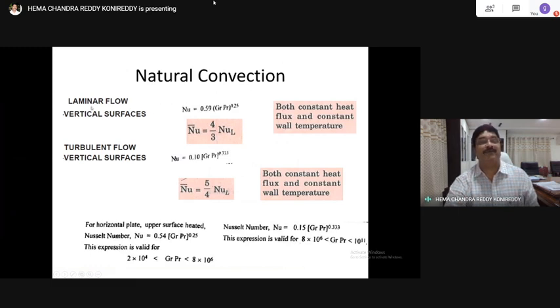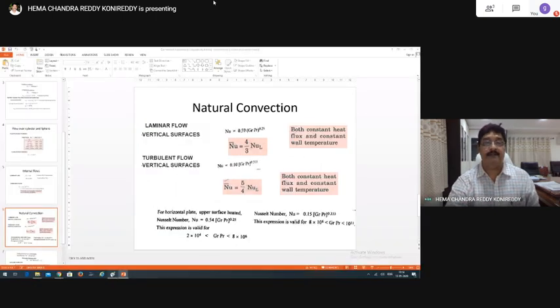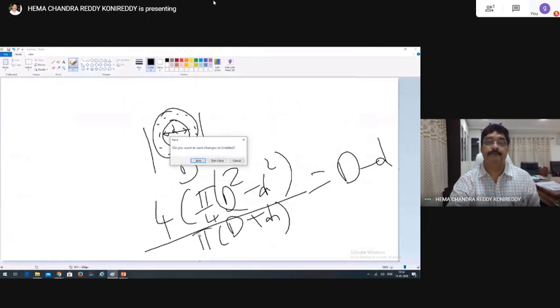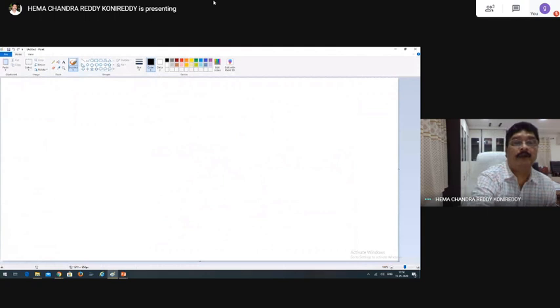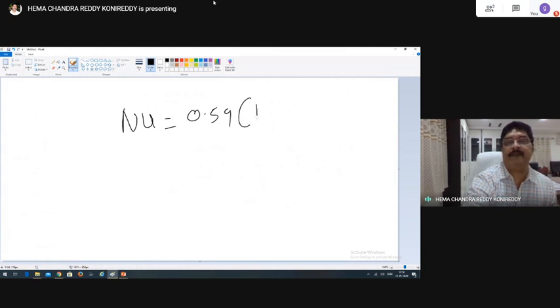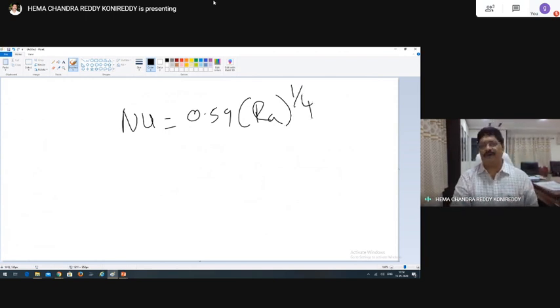What is the equation for vertical surface laminar flow? Nu is equal to 0.59 (Gr Pr) whole raised to power 0.25. 0.25 is 1/4, isn't it? So Nu is equal to 0.59 Gr Pr, what did I say? Rayleigh number. Rayleigh number power 1/4, 0.25 or 1/4.